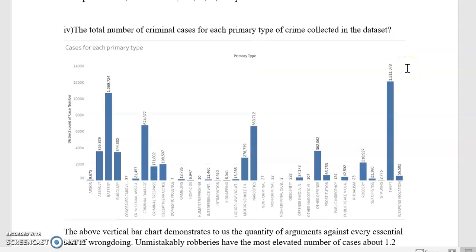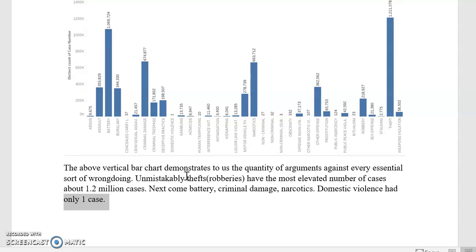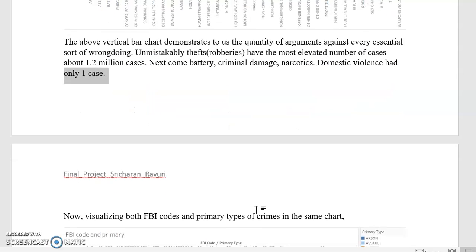This is the visualization for that, which demonstrates the number of cases against every primary type of crime. Clearly, theft, which is also called robbery, has the highest number of cases at about 1.2 million. Next come battery, criminal damage, narcotics, and so on, down to domestic violence at only one case.